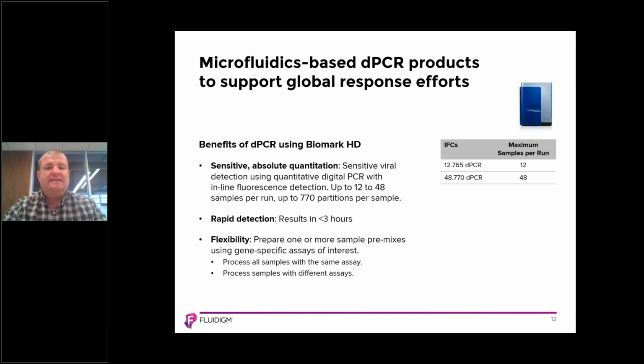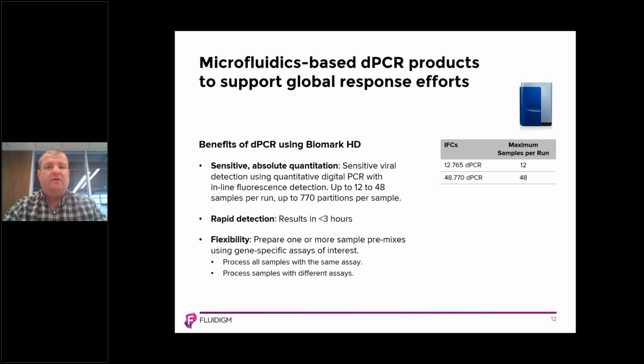The Biomark HD system also offers real-time digital PCR applications. And it means that as part of the COVID-19 and pathogen detection, you can leverage our 12.765 digital PCR or our 48.770 digital PCR IFC to run either 12 or 48 samples respectively on those IFCs.